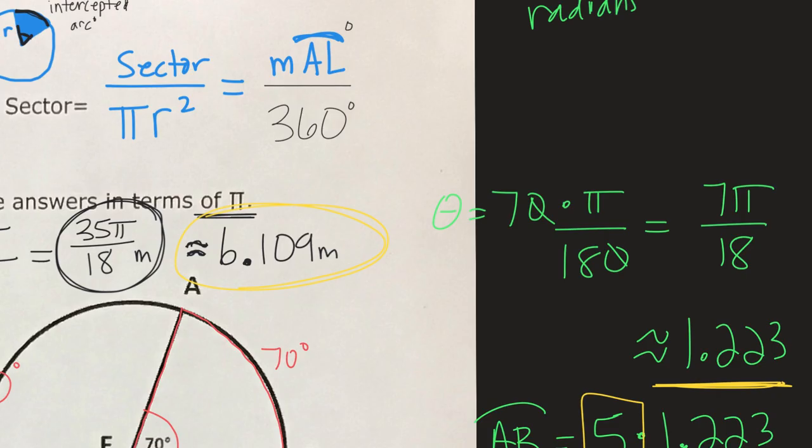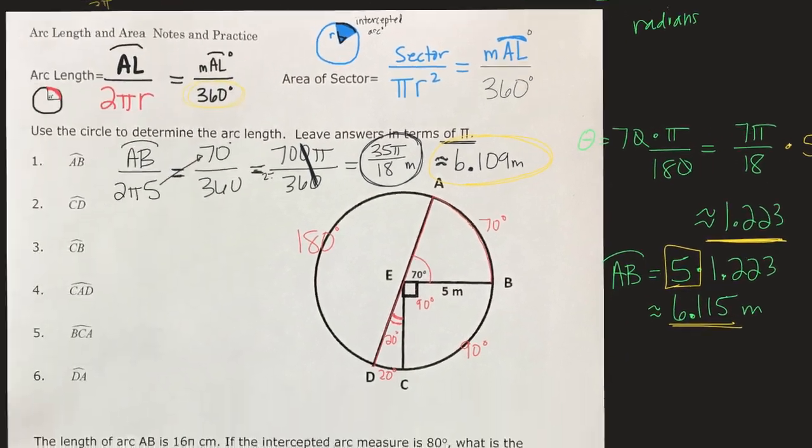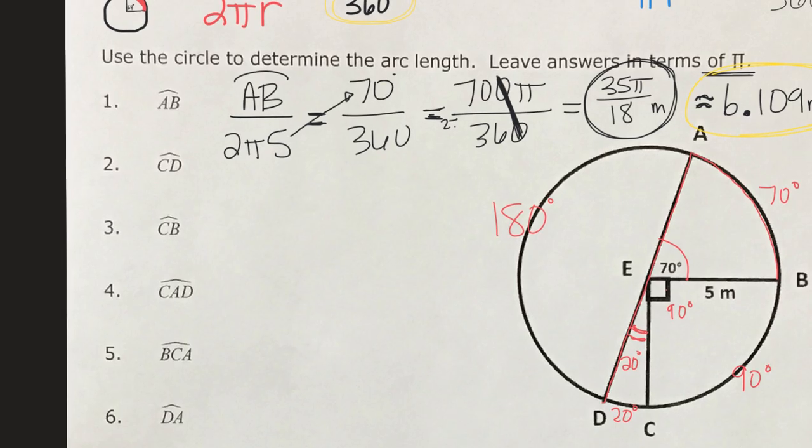If you approximate early and then use that approximation in other calculations, you are introducing error into your problem, where your answer is going to be farther away from the true answer. So if we did this times 5, I'm sure we would get something closer to 6.109 if we didn't approximate with 1.223. Either way, we're going to get an answer, and hopefully your teacher knows both ways.